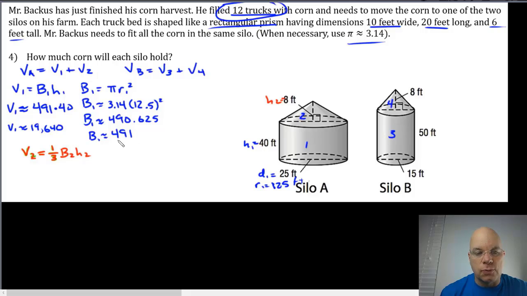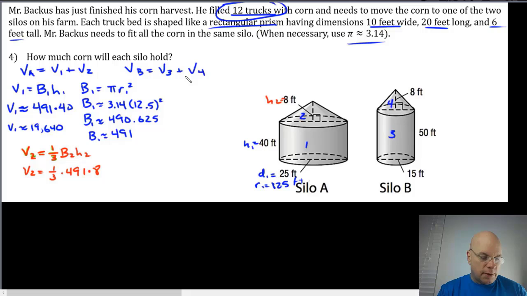It's equivalent to area of base 1, which is 491. So it's 1/3 multiplied by 491 multiplied by the height of the cone, which is the perpendicular distance from the vertex to the circular base, which is 8.